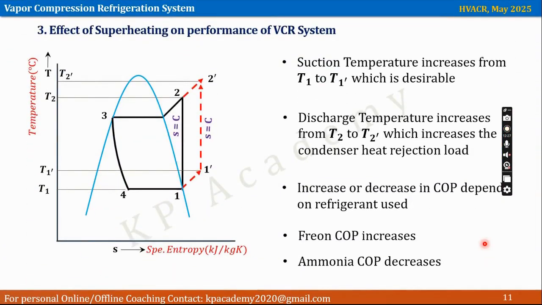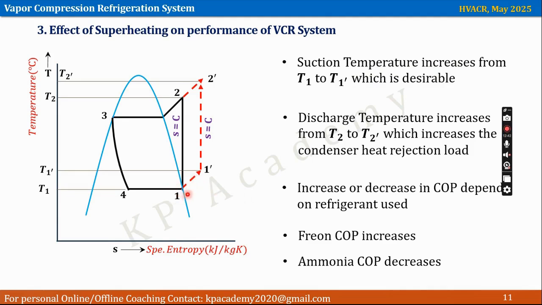Now we can understand this in a better way. This is the TS diagram for the superheating cycle, right? Now suction temperature increases from T1 to T1 dash, which is desirable. Why is it desirable?